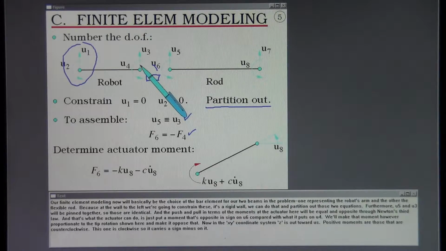We'll make that moment, however, proportionate to the tip rotation shown here and make it oppose that. Now, in the XY coordinate system, Z is out toward us. Positive moments are those that are counterclockwise. This one is clockwise, so it carries a sign minus on it.